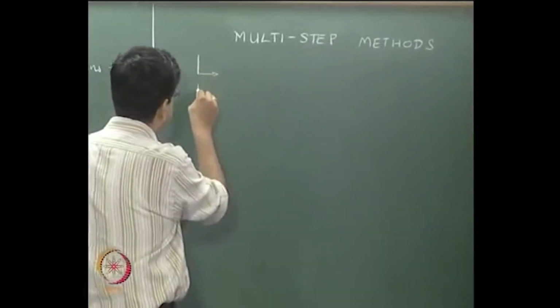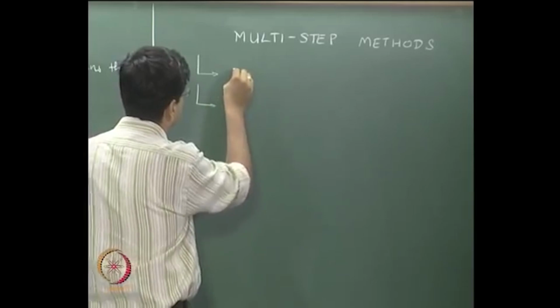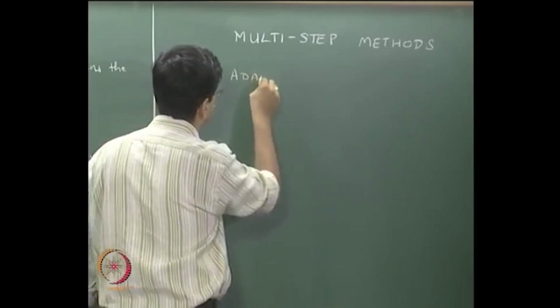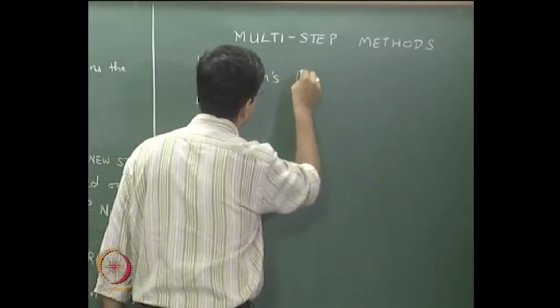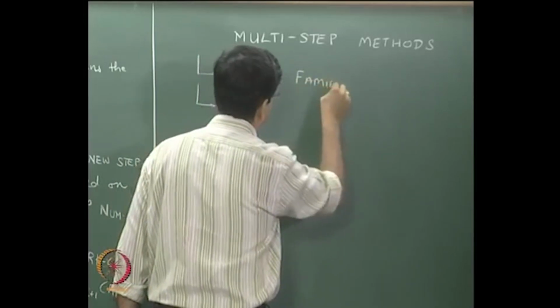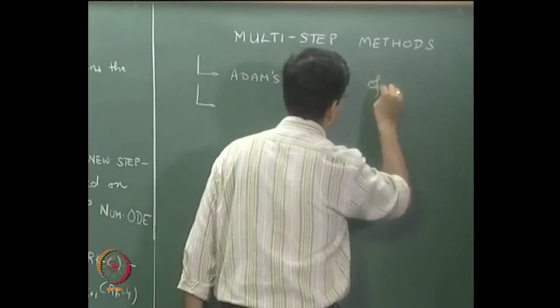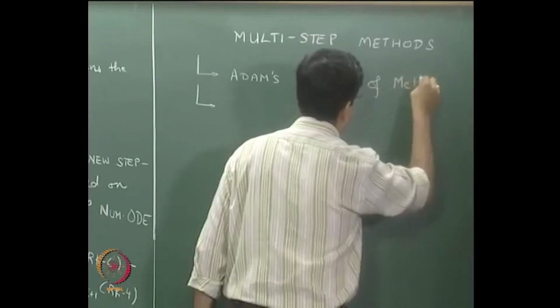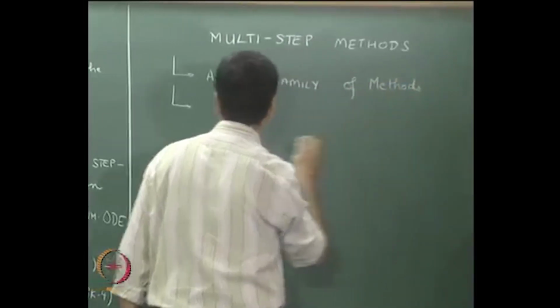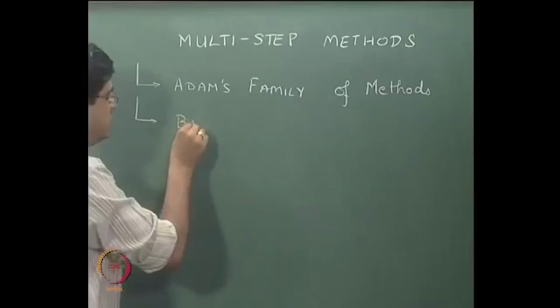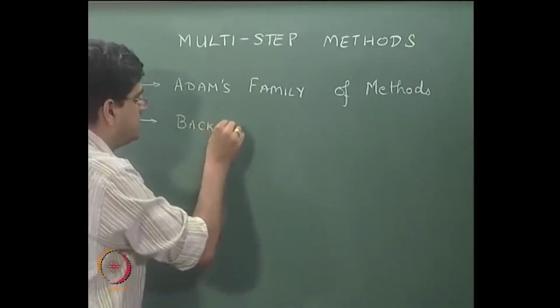So the multi-step methods, there are two types. One would be the Adams family of methods, and the other one is the backward difference formula.